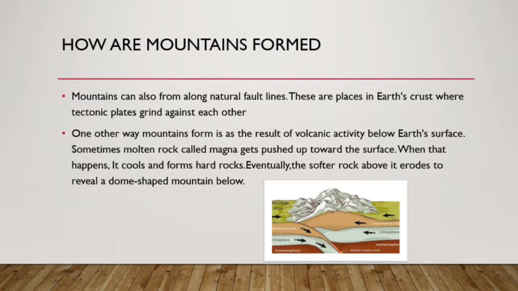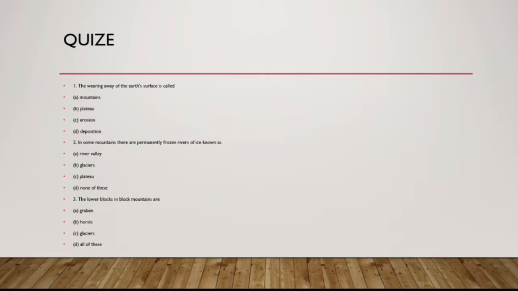Sometimes molten rock called magma gets pushed up toward the surface. When that happens, it cools and forms hard rock eventually, and then softer rocks above it erode to reveal a dome-shaped mountain below.